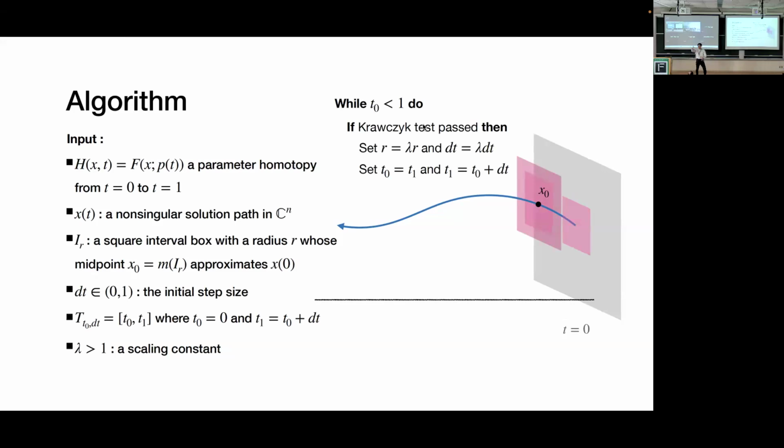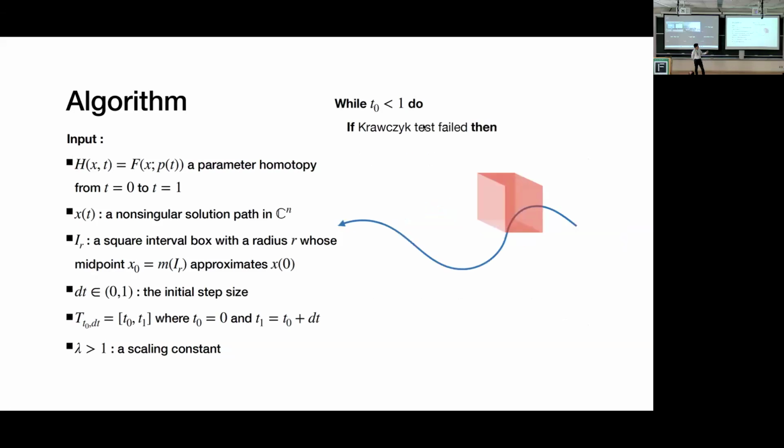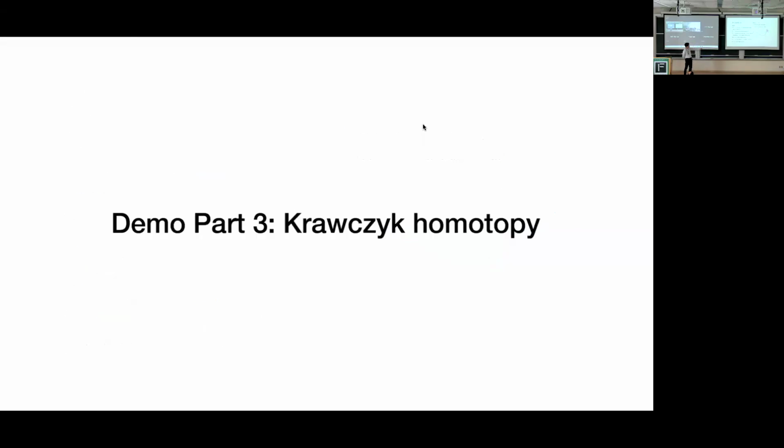Because if the Krawczyk test was successful, why don't you attempt with a larger size? So we just increase our box and then try the tracking in order to make the tracking faster. Okay? But if it failed, of course, then we decrease by multiplying by 1 over lambda, and we try with a smaller interval here. This is the overview of the algorithm.